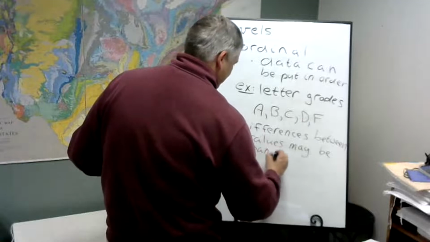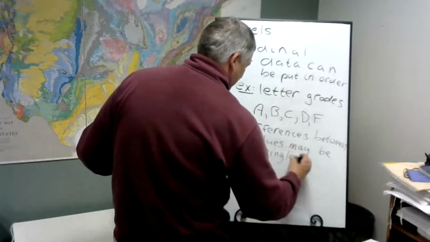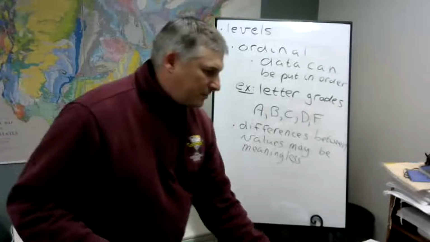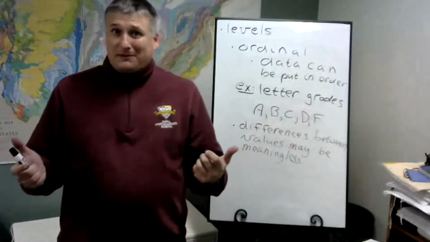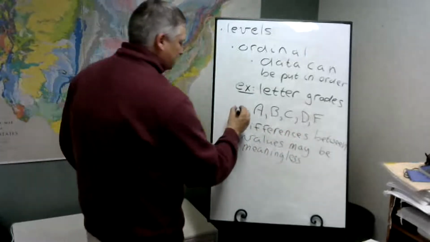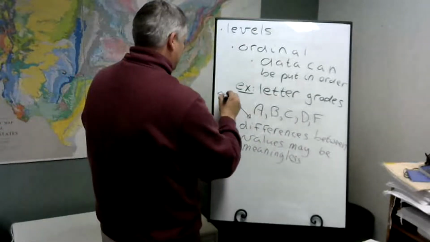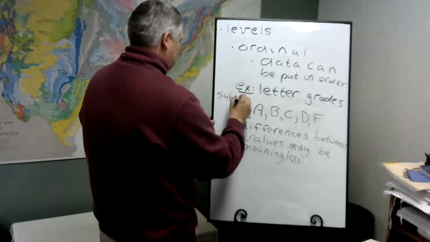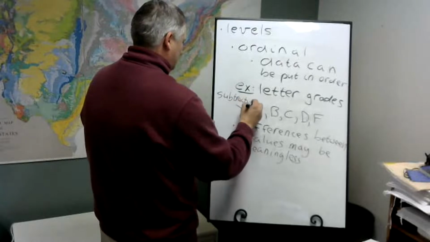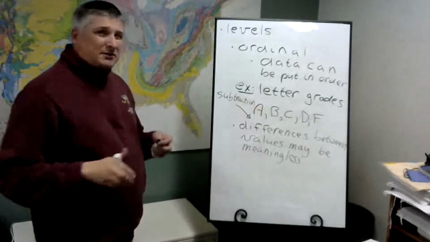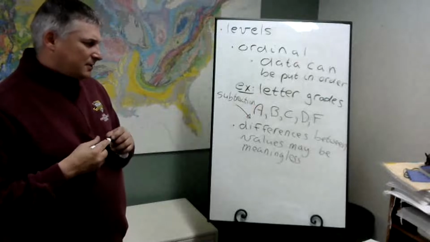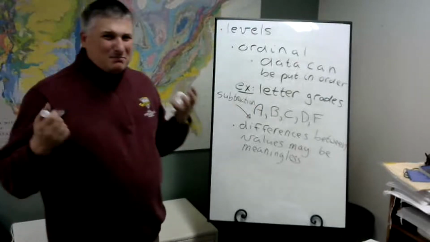I need to be careful here. I want to make sure I explain what differences I mean, because we can mean different as something just simply not being the same. What I mean by differences, subtraction in this case. If you try to subtract the data values, it might not mean anything.